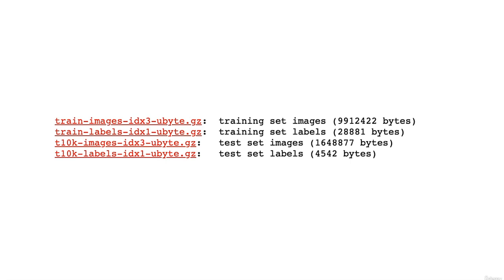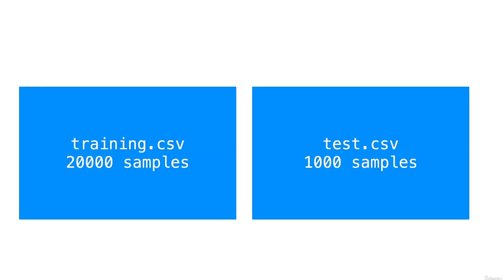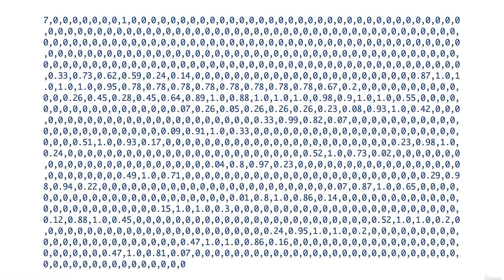For our purposes, we really do not need 70,000 samples. So I did the following. I converted all files to 2 comma-separated files. The training set has 20,000 samples and the test set contains 1,000 samples. A single sample looks like this.